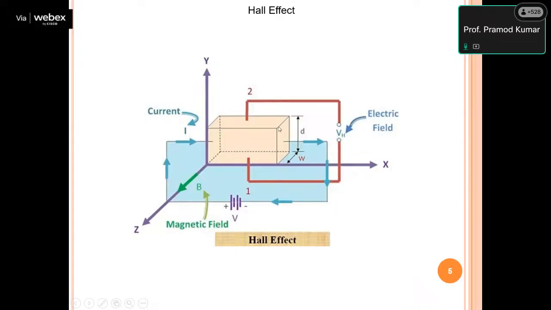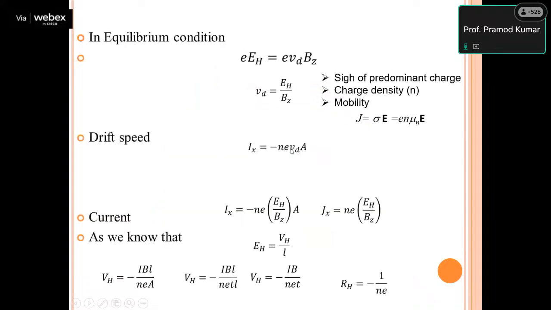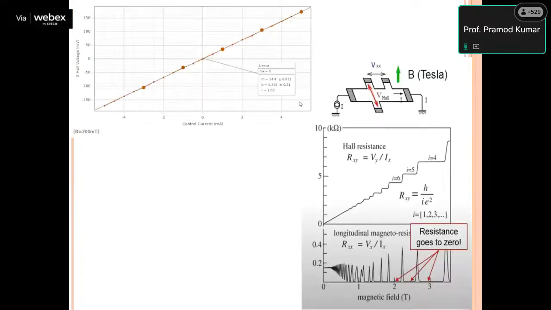If you start to reduce the thickness of the material, what will you find? The material will convert from 3D to 2D. If the material is converting from 3D to 2D, then whenever current flows through this material, it is going to flow only on the surface of the material.